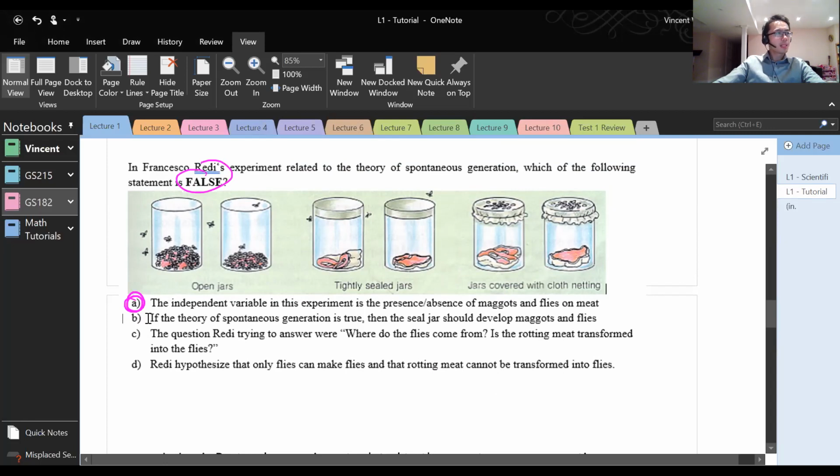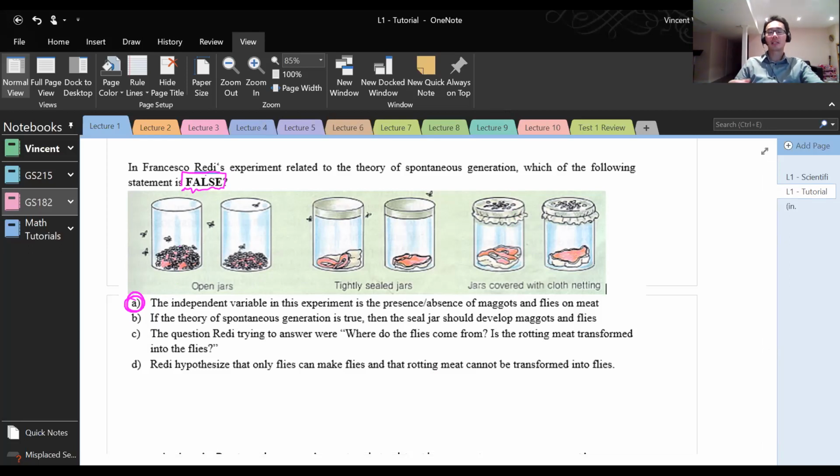A lot of people chose B as well. Maybe you misunderstood the question. We are looking for the false statement rather than the true statement. Sorry, I misunderstood dependent variable and independent variable. That's okay. One more time: the independent variable is the one that we have control over, the one that we can change.